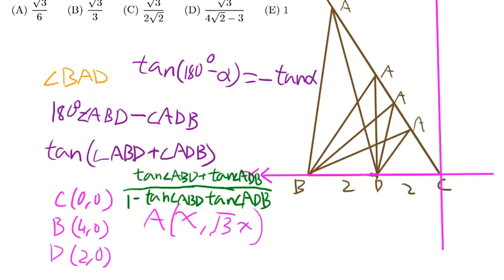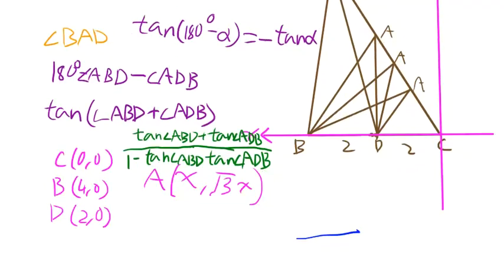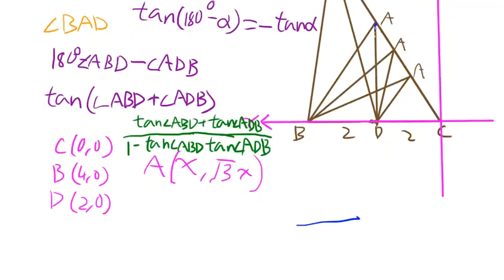Tangent ABD, that's just, we made this down here. This is the foot, this is a right angle. So we know SOHCAHTOA, opposite over adjacent.